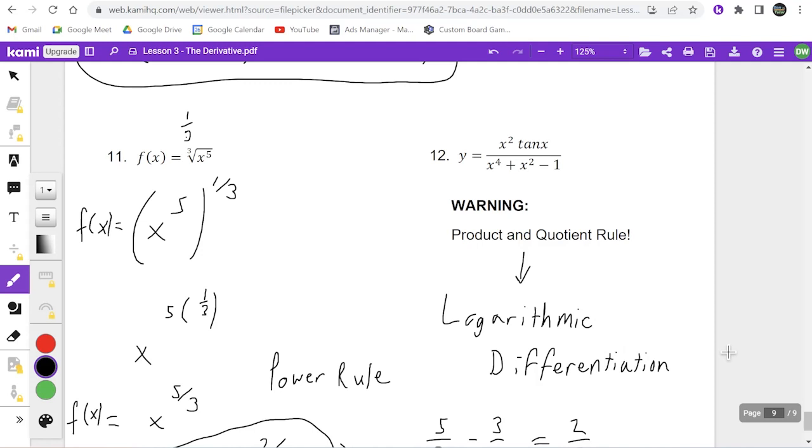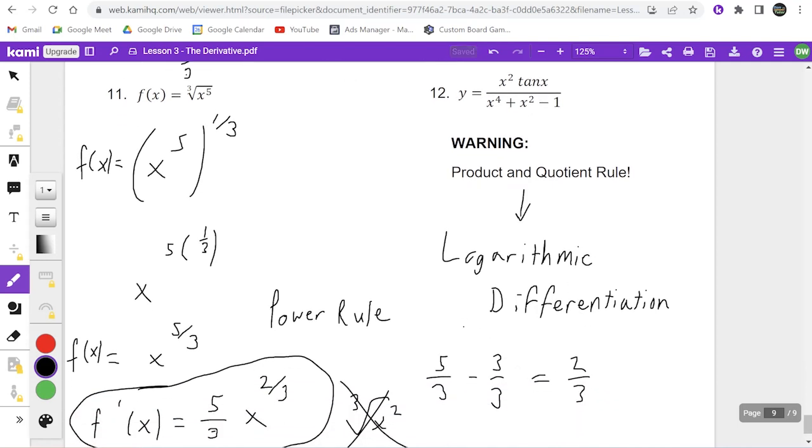The word logarithmic means you're going to use a log to solve this problem, and differentiation is just a fancy word for derivative. It's worth knowing the vocab in this class. Honestly, logarithmic differentiation is out of the scope of this 8-week course.